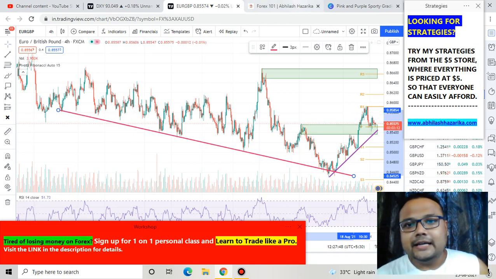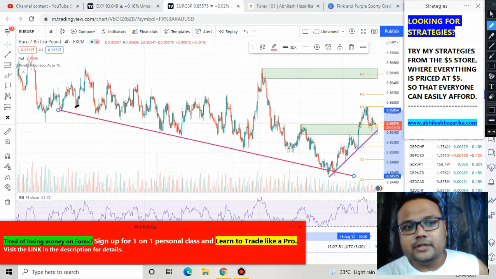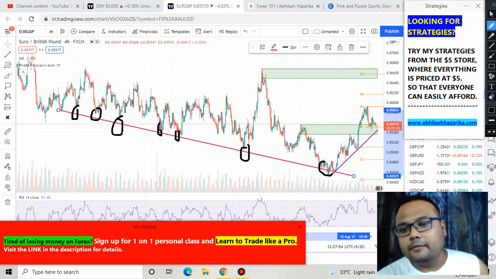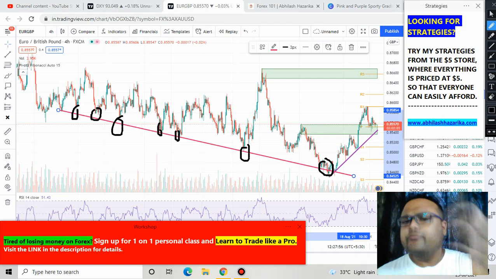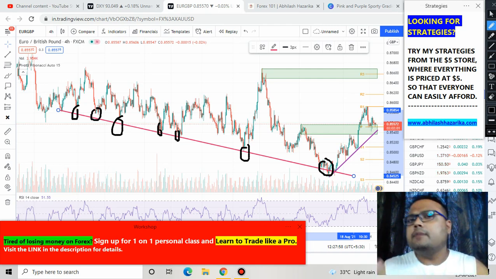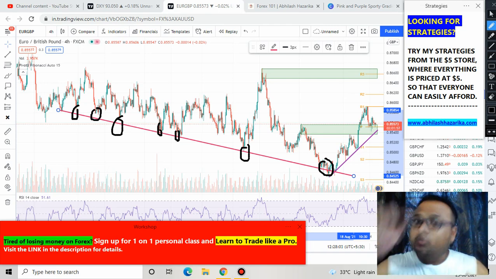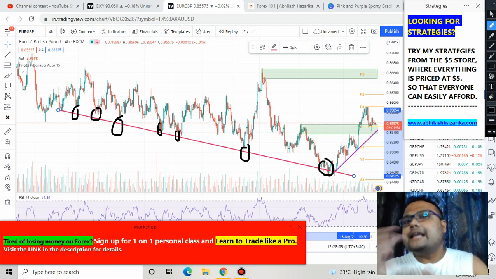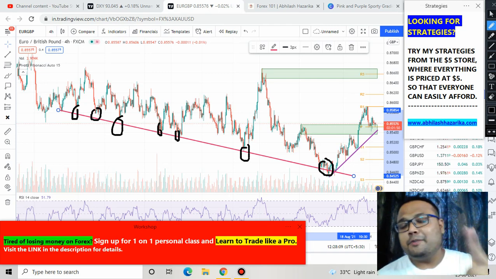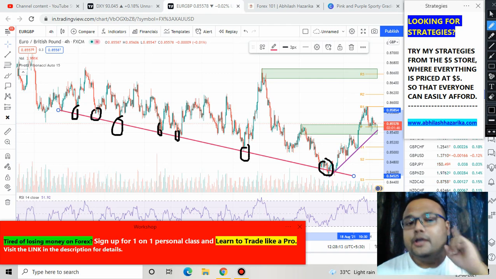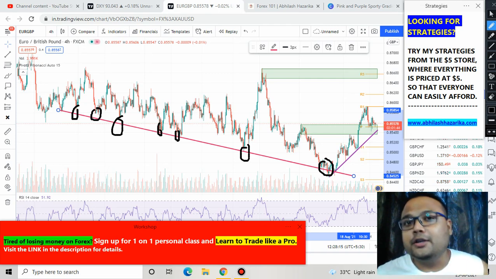I'm not saying the market will be coming down tomorrow or the day after, but in the future, whenever there is some selling pressure on the Euro GBP chart, you will definitely see Euro GBP taking support at this trend line. So for future reference also, this line should be present in your charting platform.